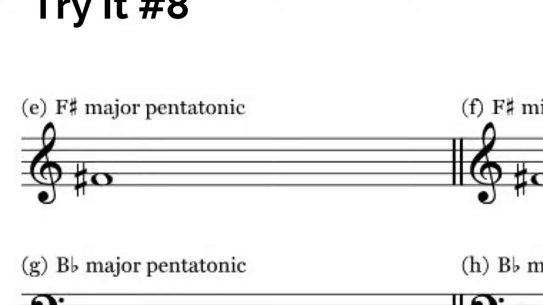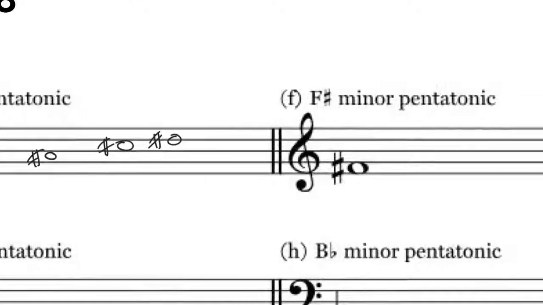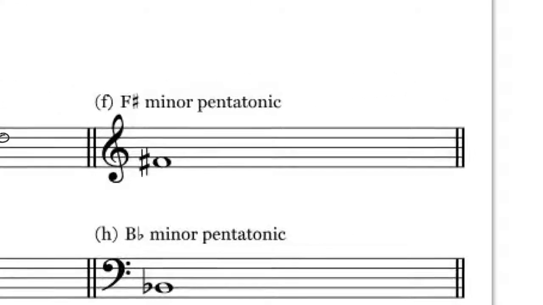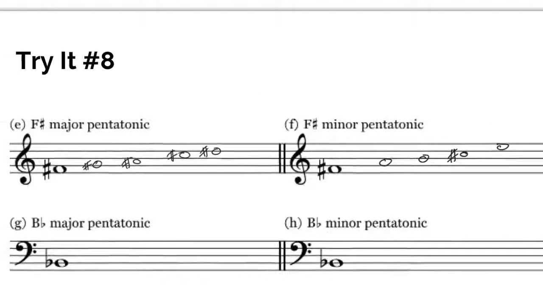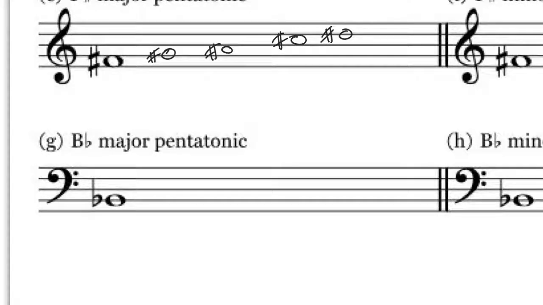F sharp major pentatonic, so we have F sharp, G sharp, A sharp, C sharp, D sharp. Let's do the F sharp minor pentatonic. So we have F sharp, A, B, C sharp, then E. Let's think about B flat major pentatonic.